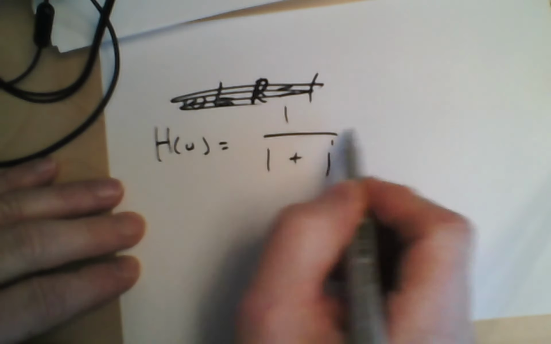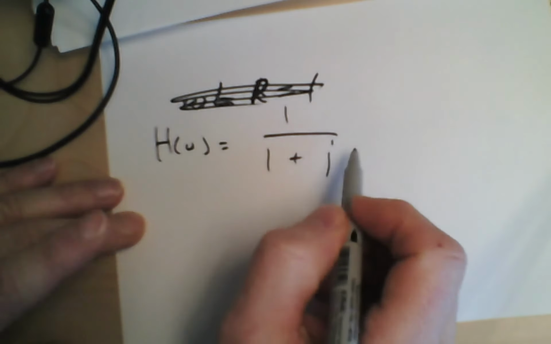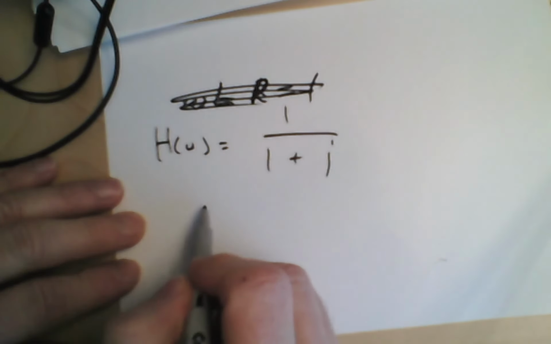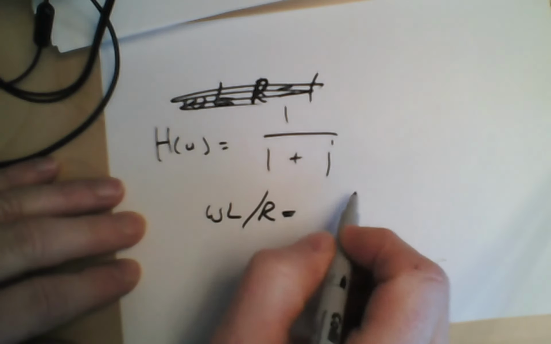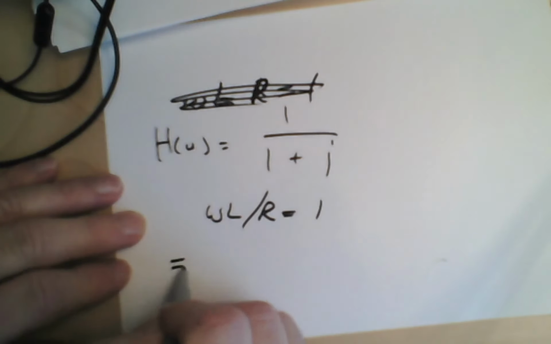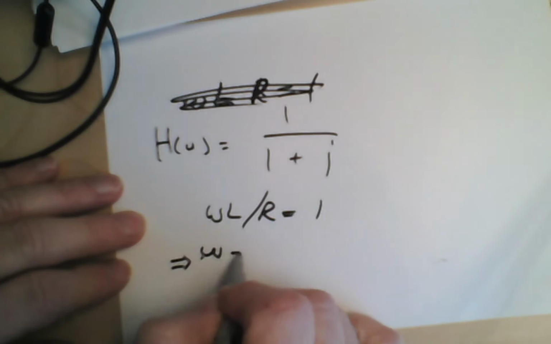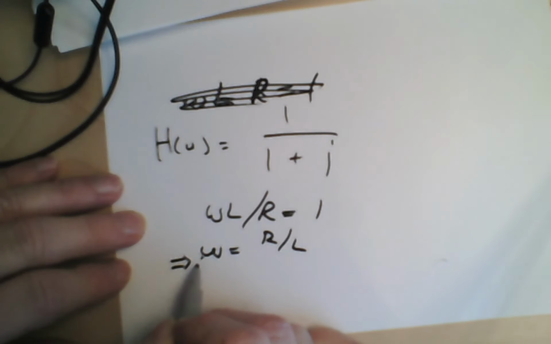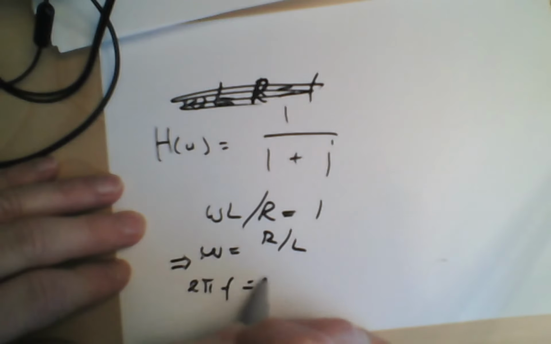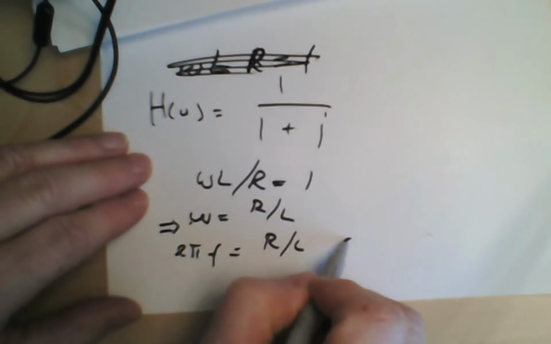That would be the 3 dB point, in which omega L divided by R equals 1, which means that omega is R divided by L, 2 pi f equals R divided by L. Hey, wait a minute, I have 2 pi in the wrong place.